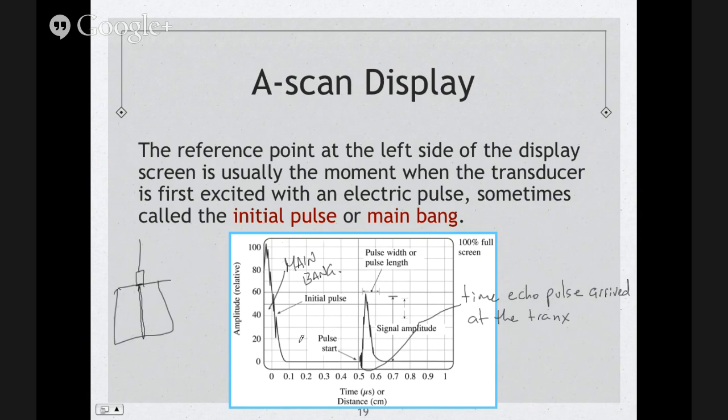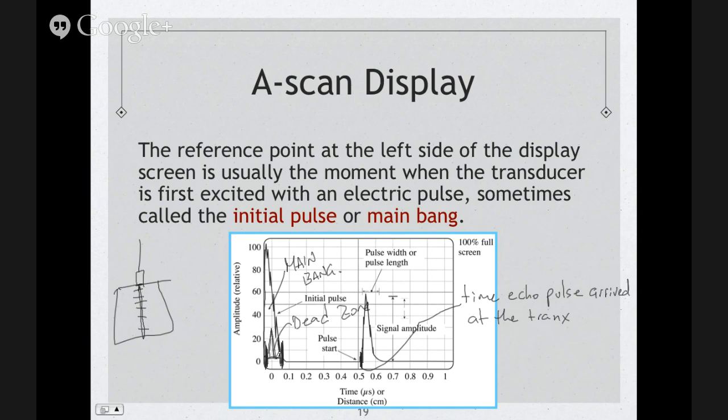And obviously your area of inspection is going to be from here to here. Even though your main bang starts over here, this would be considered a dead zone, because any indication that you have in between here, even though you're still in the material, is going to be covered by the main bang.